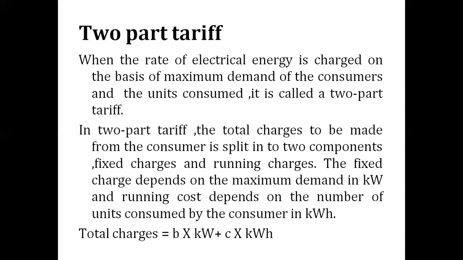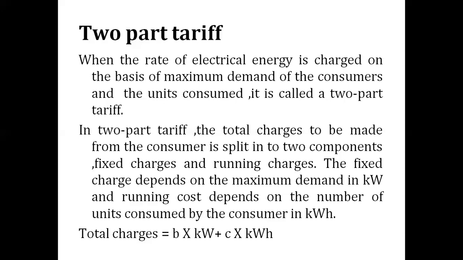In two-part tariffs, the total charges to be made from the consumers are split into two components. One is the fixed charges, and the other is the running charges. The fixed charges depend on the maximum demand, that is, how many rooms are connected, how many loads are connected, and what is the rateable value of the premises. The maximum demand is in kilowatts. The running cost depends on the number of units consumed by the consumers in kilowatt hours.